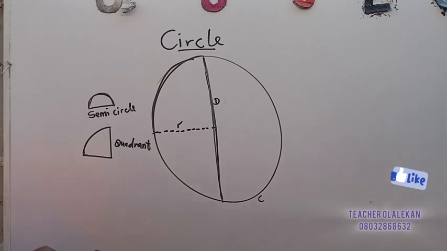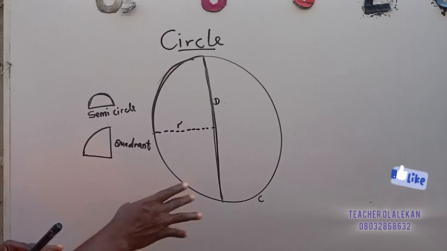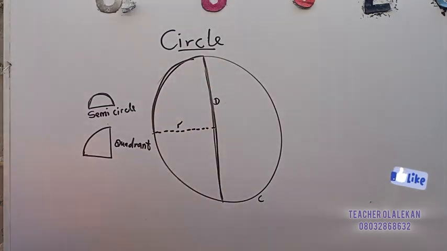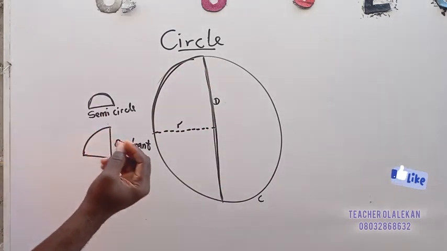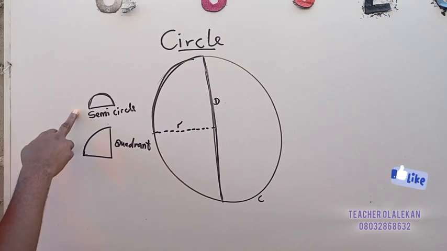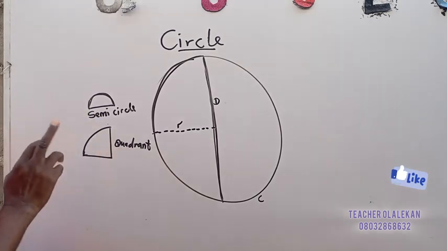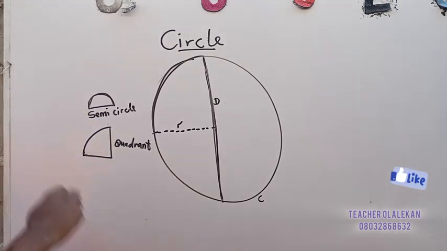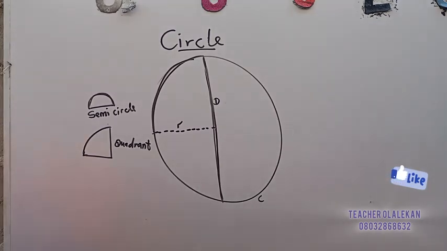Then what are the formulas we use in finding the circumference of a circle, area of a circle, area of a semicircle or circumference of a semicircle, area of a quadrant or circumference of a quadrant? Then let's explore that.